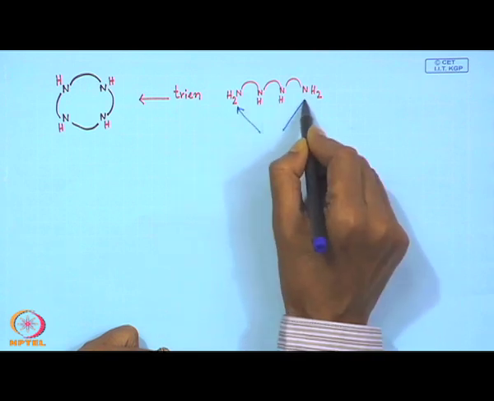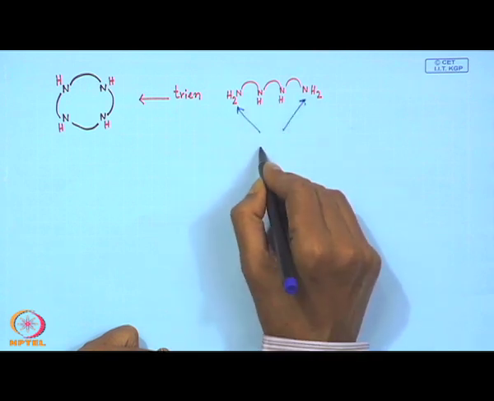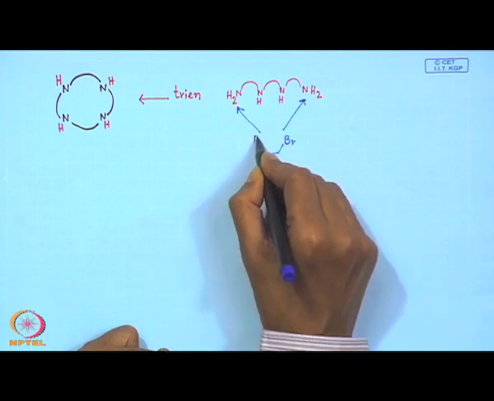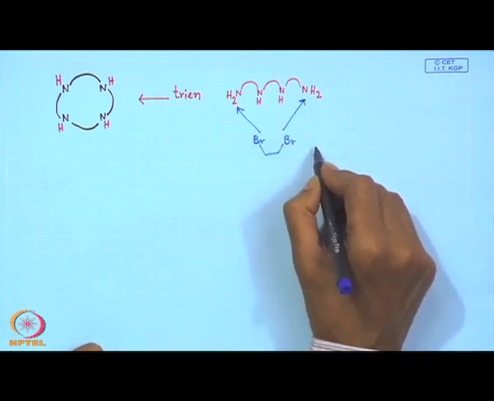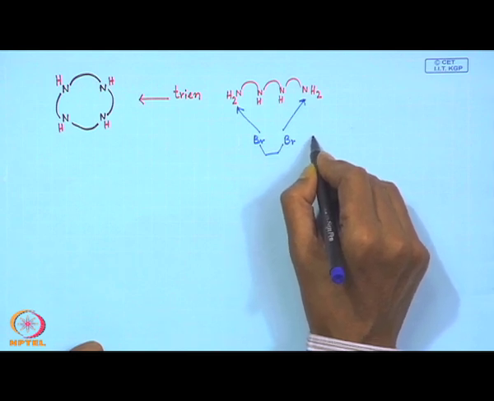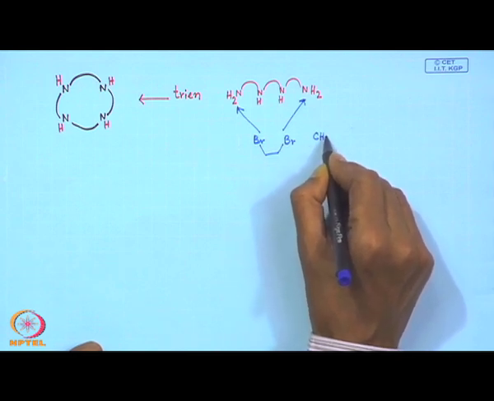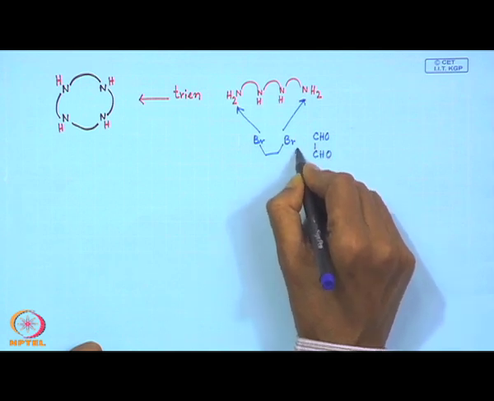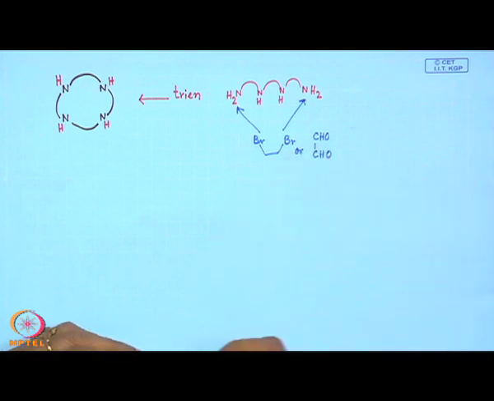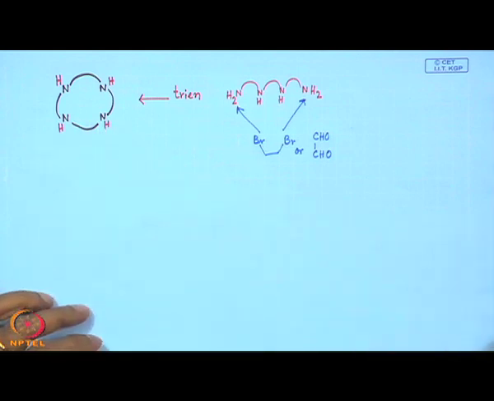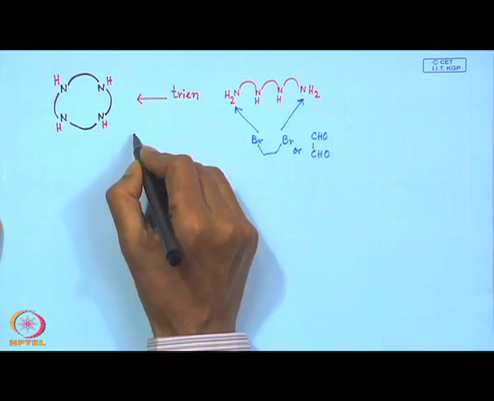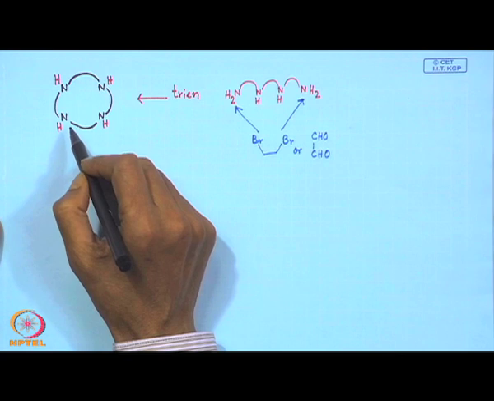So, only this particular backbone has to be connected. If we can connect these two ends, say by dibromoethane or say glyoxal, using these two molecules, we can get a cyclic product, and this cyclic product is related to the starting molecule, but is of bigger size.